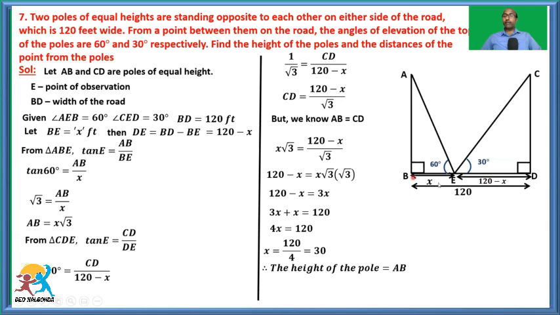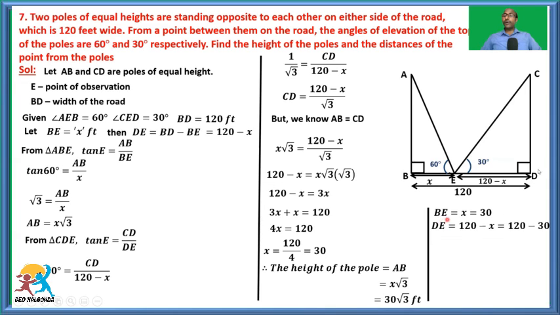And what is x here? The distance between B and E. Now, the height of the pole is AB, and we have AB is equal to x root 3, that is 30 into root 3 feet. Height of the pole is 30 root 3 feet. And BE is equal to 30 feet.